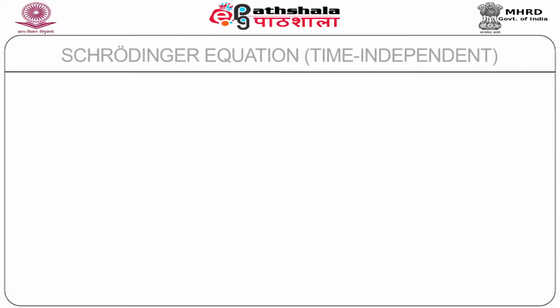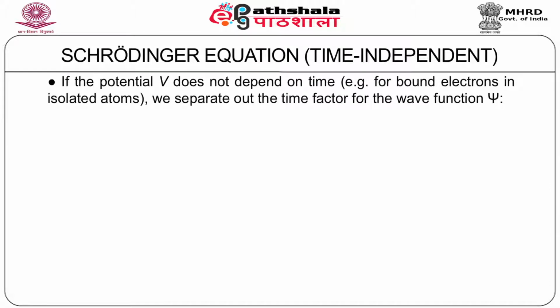Well, now let us come back. That is the time-dependent Schrodinger equation. If the potential V doesn't depend on time, that is for bound state electrons in isolated atoms, we can separate out the time factor for the wave function psi. If we separate out the time factor, then it becomes psi(x,t) equal to e to the power minus i by h cross Et times psi(x).